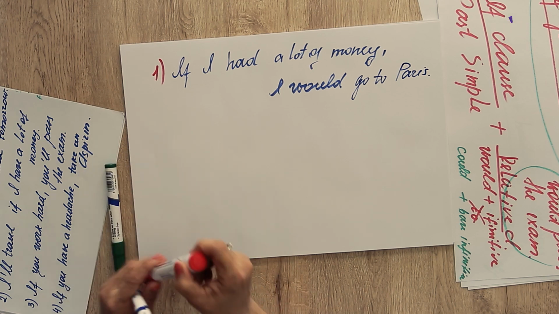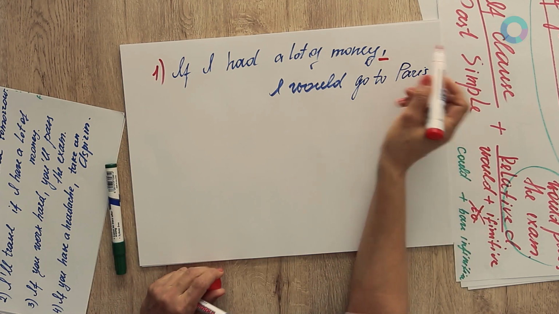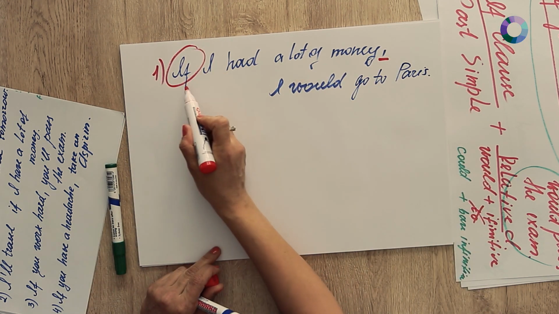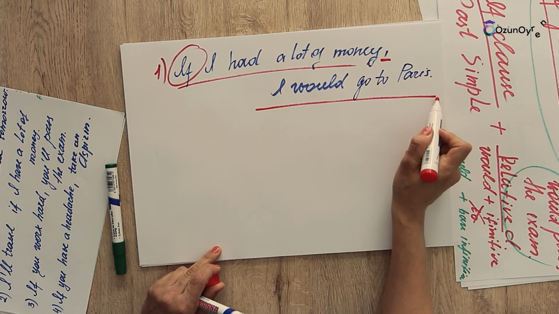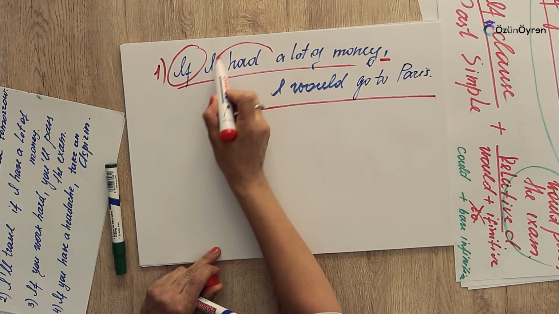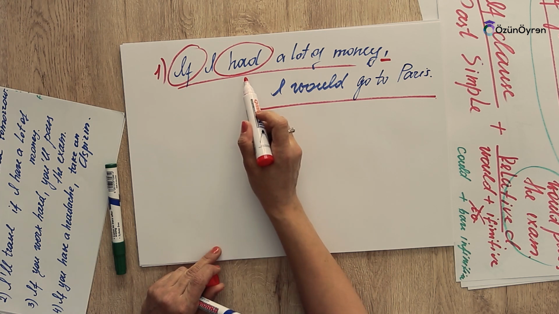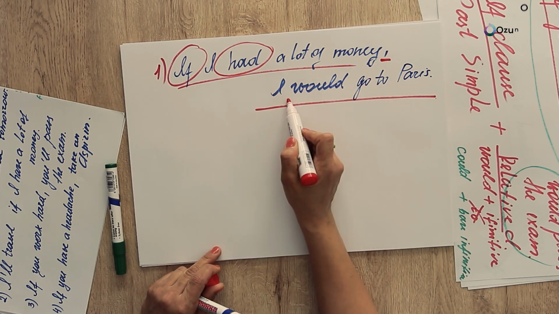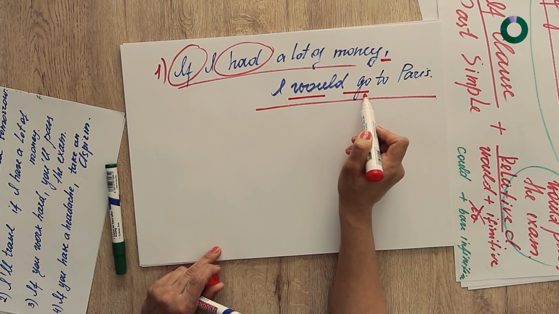Here also we use comma in if clause. If clause comes first, then the relative clause. And we use here past form of the verb have and would plus bare infinitive.